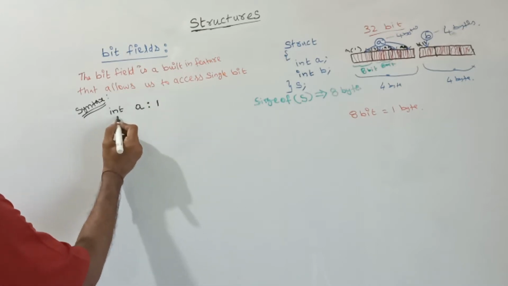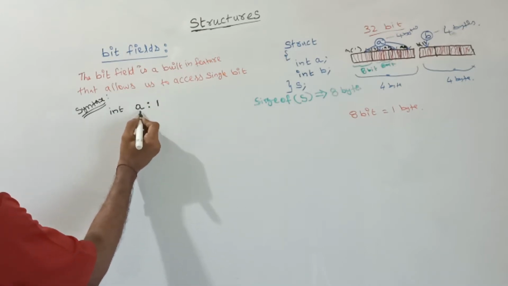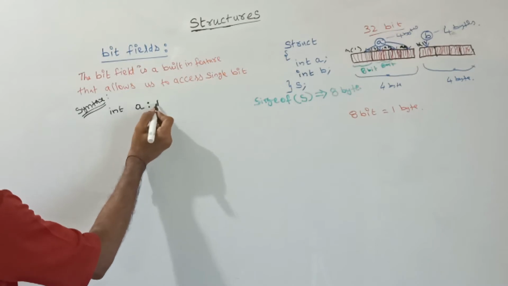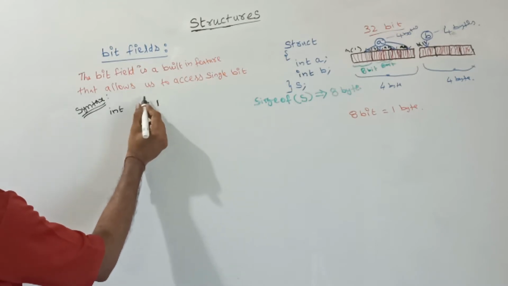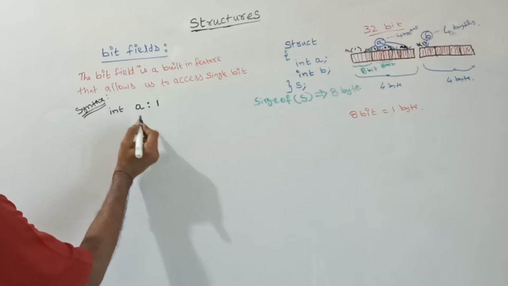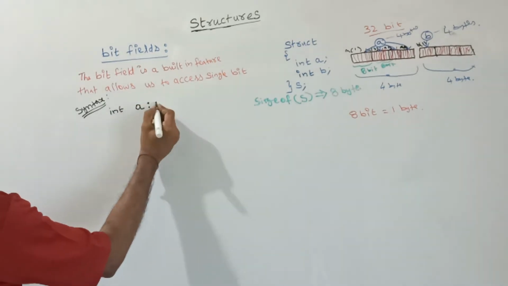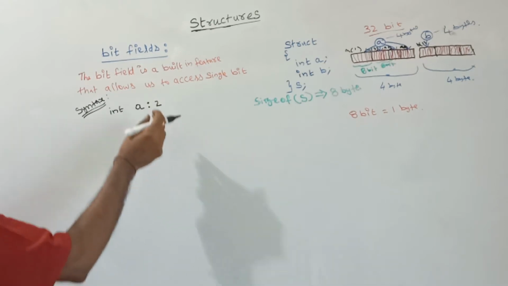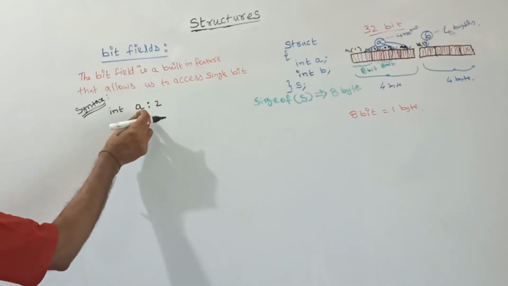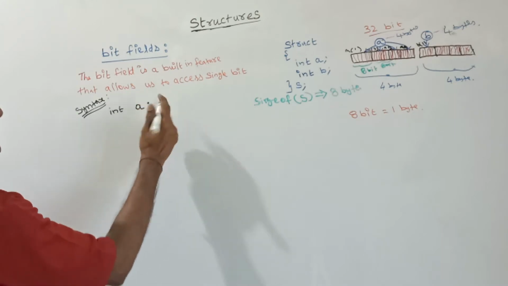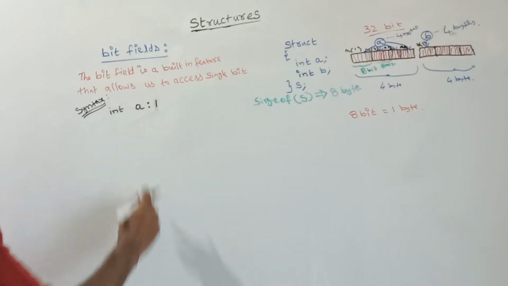See, that means here in integer A, for the structure member, I am assigning 1 bit, so that we can access 1 bit only. Suppose here I give 2, then in memory 2 bits are allocated for A. In the same way, let us see an example.